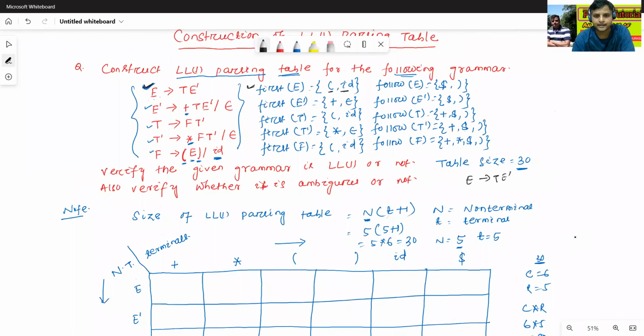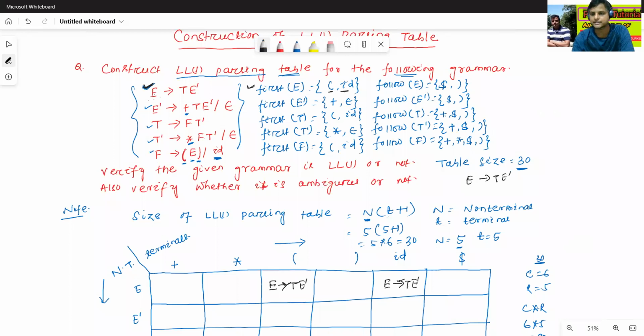So now we'll fill under open bracket and ID: E → open bracket, E → ID. I'll just fill the first production, meaning E → T E prime. In this way we can fill.